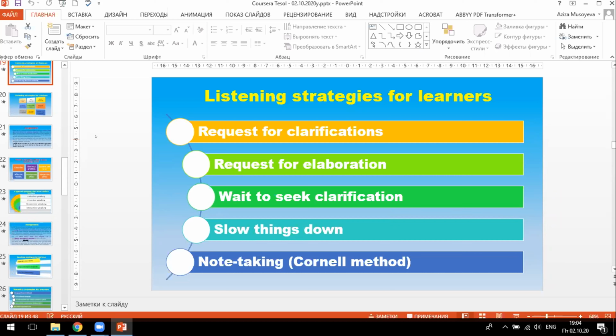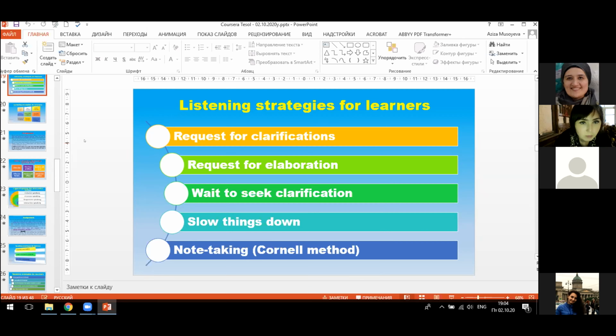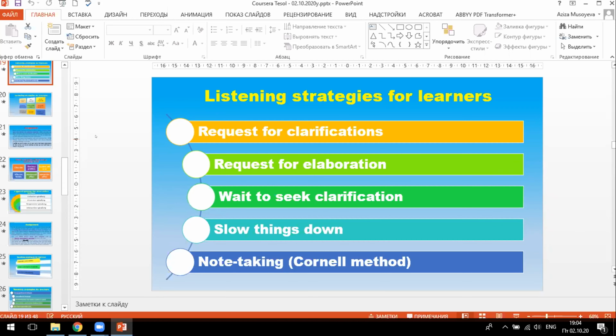Or you can slow things down, which means you can slow the listening, or pause several times and ask them if they are understanding, or pause to clarify, to ask a question about that part of the listening. That makes listening much easier.